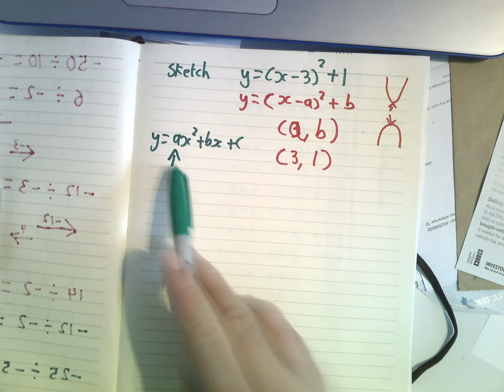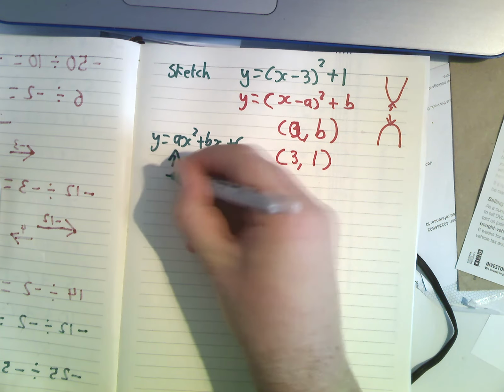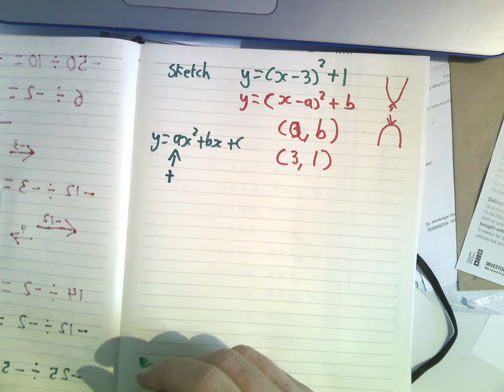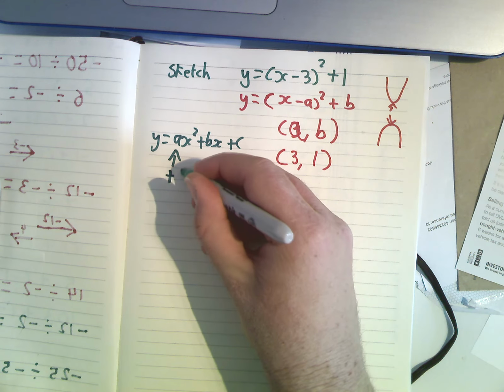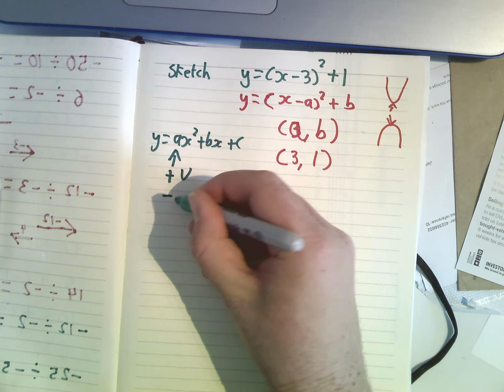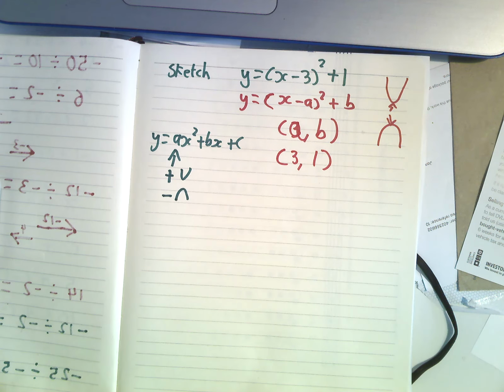It's this coefficient. This is a recap from last week. If it's positive, that means it's going to be a U shape. If it's negative, that means it's an N shape. So just remember, whether the x squared coefficient is a positive or a negative number determines whether it's going to be an N-shaped or a U-shaped graph.